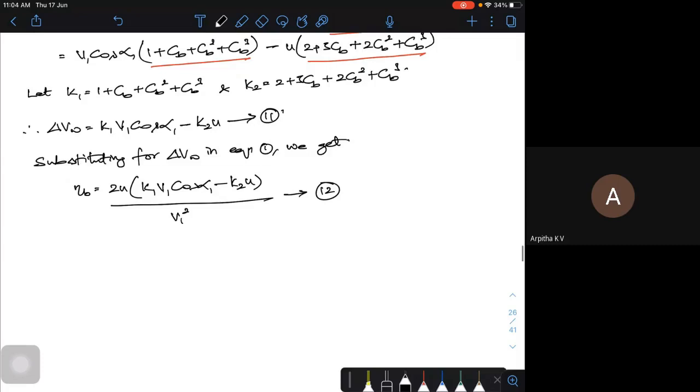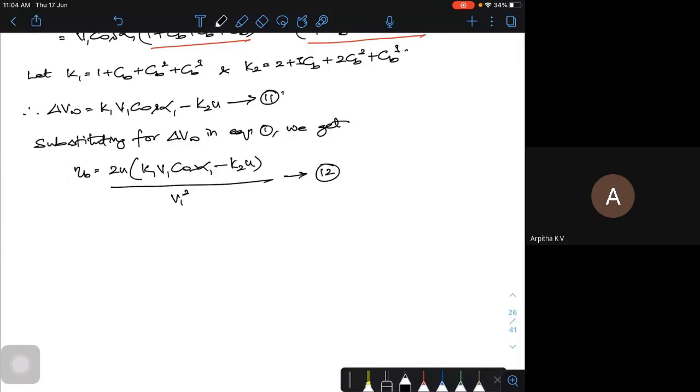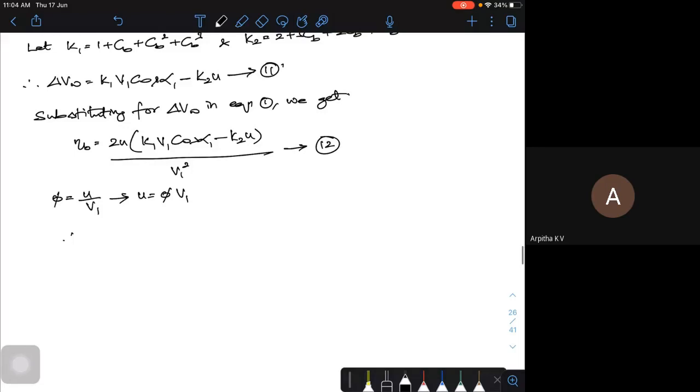Now, we know the speed ratio, phi is equal to u by v1, or I can write u is equal to phi into v1. So I'll substitute for it. Your blade efficiency is equal to, wherever u is there, I can write phi into v1 into k1 v1 into cos alpha 1 minus k2 into phi into v1, whole thing divided by v1 square.